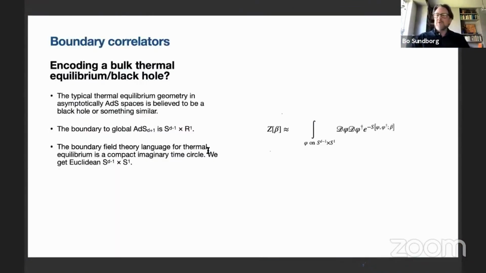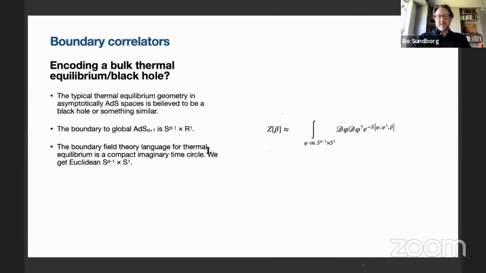Now we want to approach this whole issue technically. How do we do that? Well, we have to encode the background geometry, and background geometry in thermal equilibrium is believed to be a black hole or something similar.